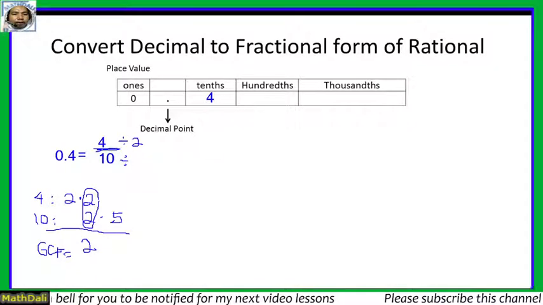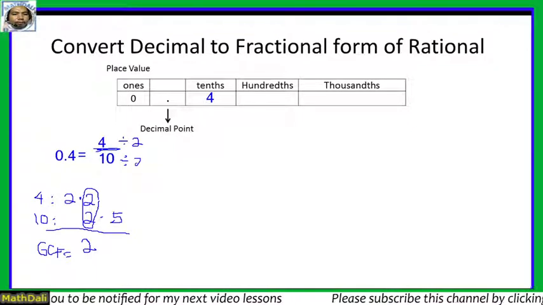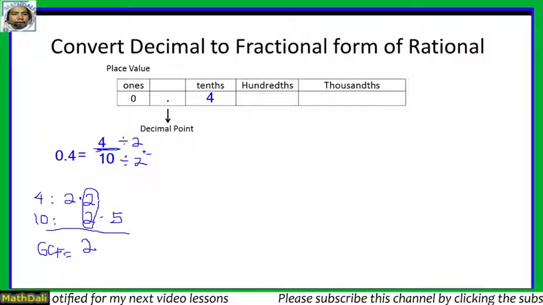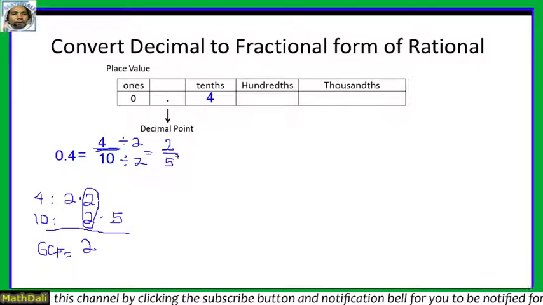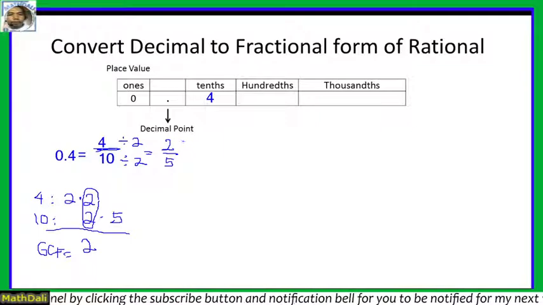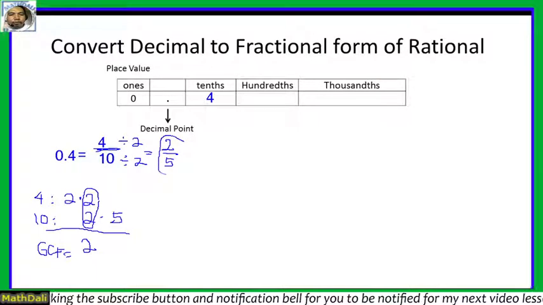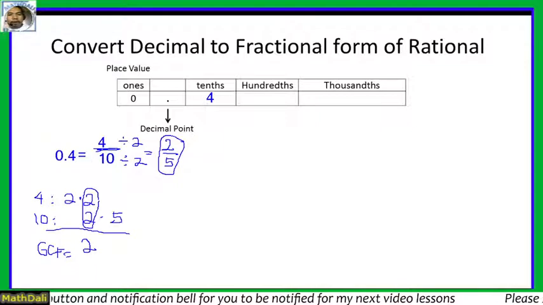Di-divide din nyo yan ng 2. And that will be equal to 4 divide nyo sa 2, that is equal to 2. Then, 10 divide nyo sa 2, that is equal to 5. Ayan. So, that is 2/5. So, yung fractional form ng ating decimal na 0.4 ay 2/5.